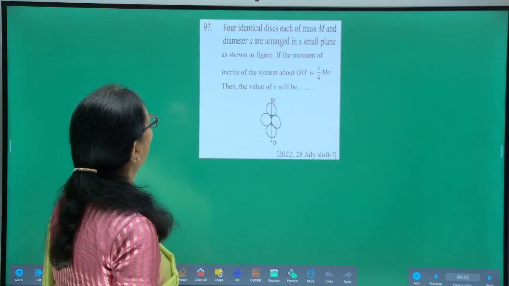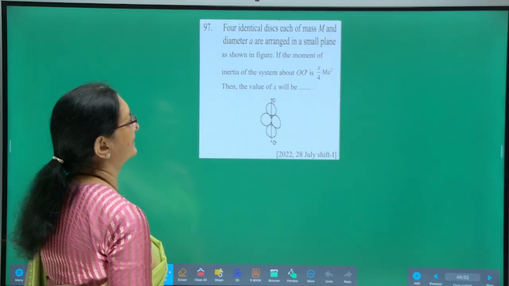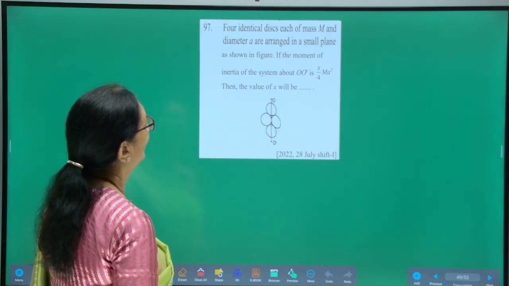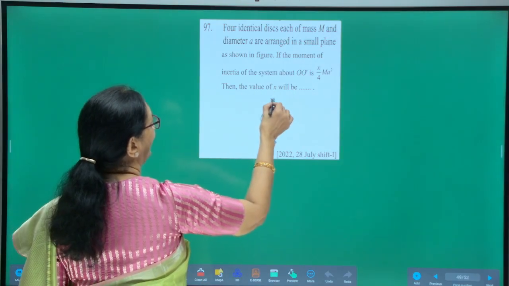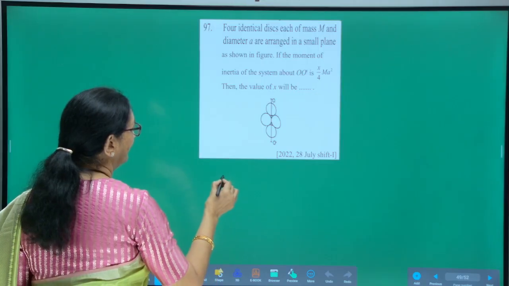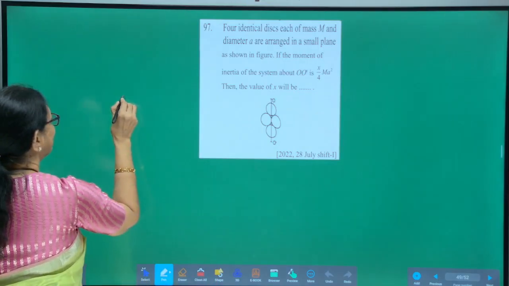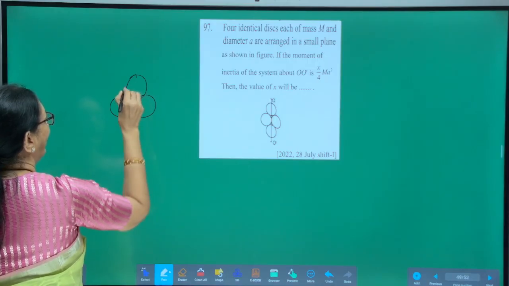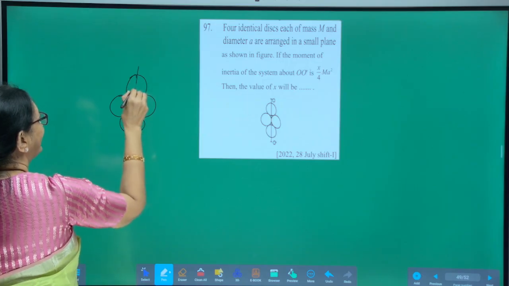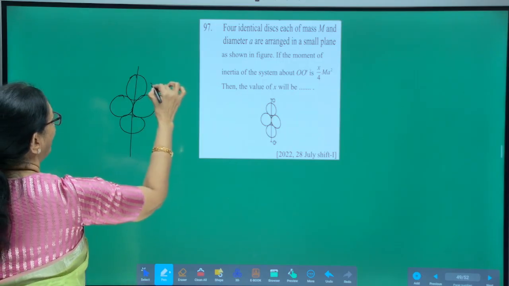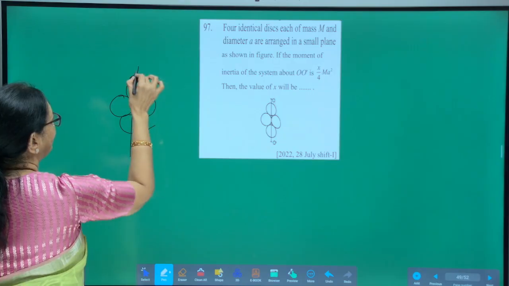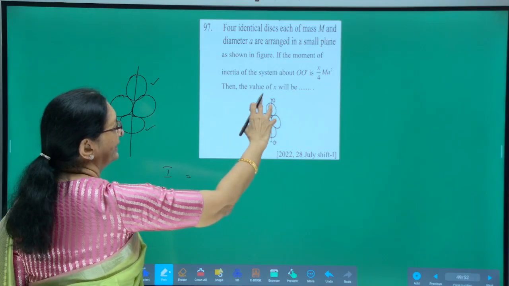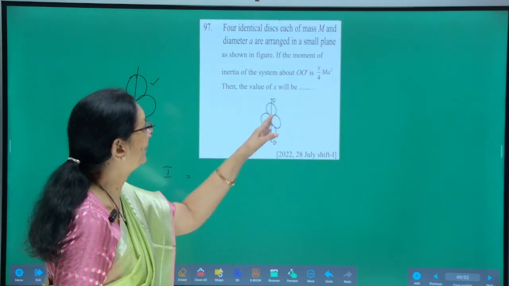Look into this problem. 4 identical discs each of mass m and diameter A are arranged in a plane as shown. Find the moment of inertia of the system about the axis. See here, 4 identical discs are arranged like this. Axis is like this. So, for these two, this axis is the diameter. You are asked to find the moment of inertia of the system about this axis.